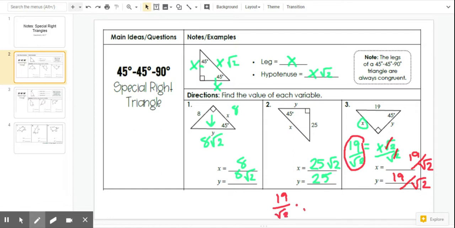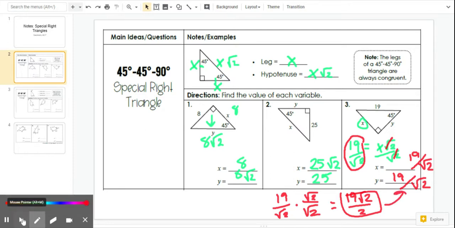The way we do that is we take the denominator, square root of 2, and multiply by the denominator over itself because that is equal to 1. Then what we're left with is 19 square root of 2 over 2. So that's what x and y actually are in this case, 19 square root of 2 over 2.